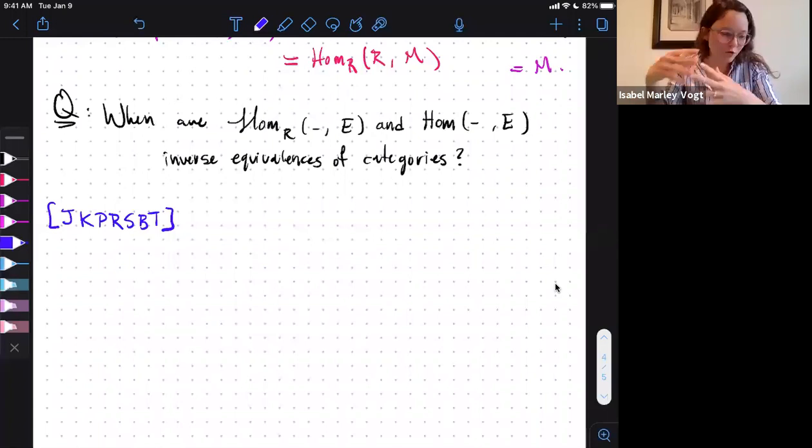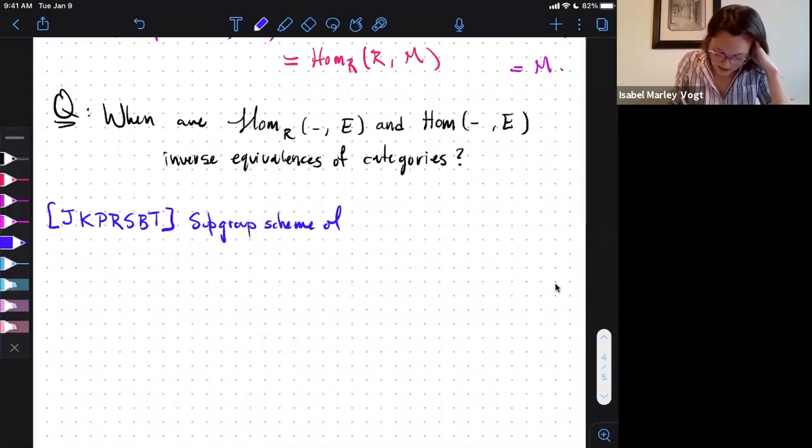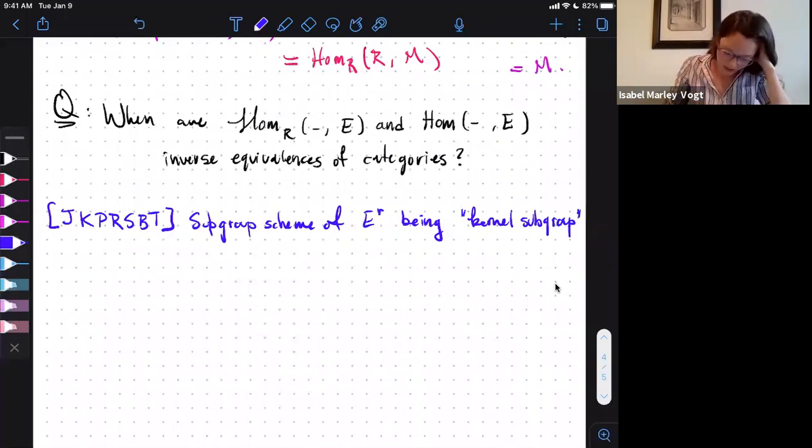And if all of those subgroup schemes appear out of this module construction, then you're good. So they make a definition of a subgroup scheme of E to the R being a kernel subgroup. And this is equivalent to it coming from some appropriate ideal in the way that it comes via this module construction.